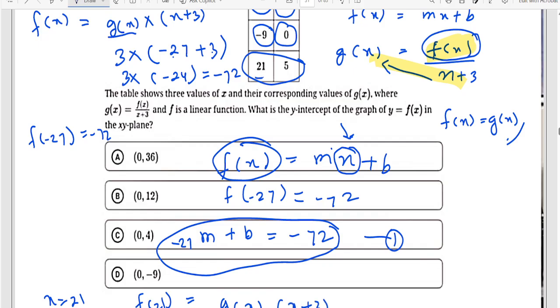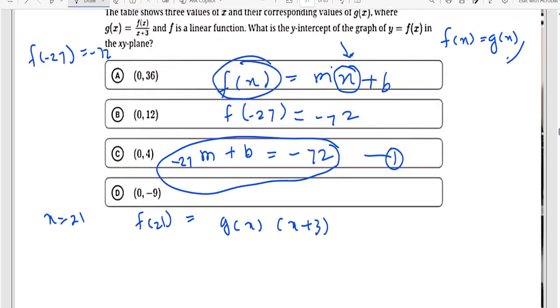So when x is 21, y is 5. I mean g(x) is 5. So in place of g(x) I can put 5, and x is 21. So 5 times 21 plus 3, which is 24, gives 120. So I got f of 21 is 120.